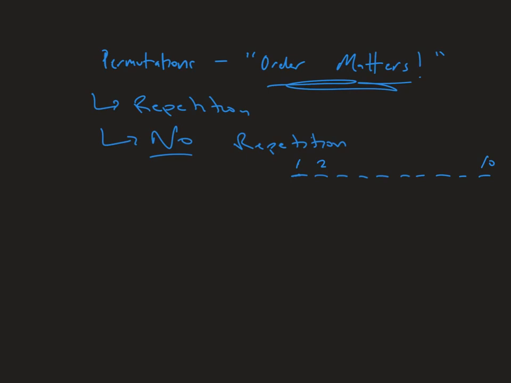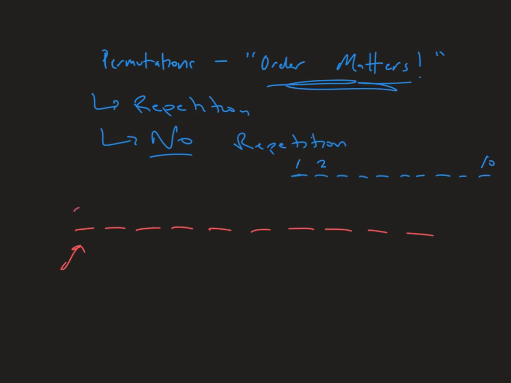So let's write this out actually a little bit bigger. So you have 10 possible places. How many choices do we have for the first place? 10, right? Because we still can choose any digit from 0 to 9.